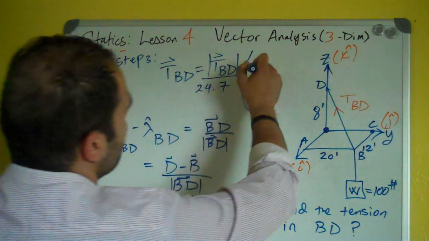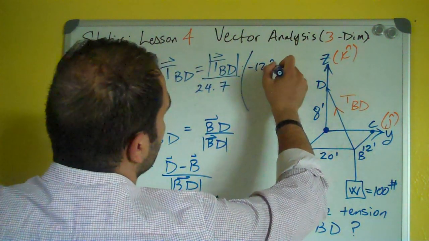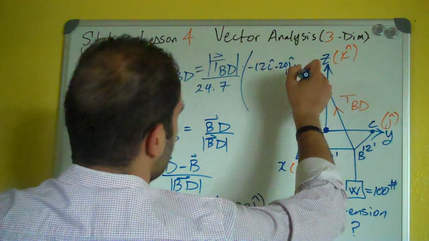Your top is going to be negative 12i, negative 20j plus 8k.